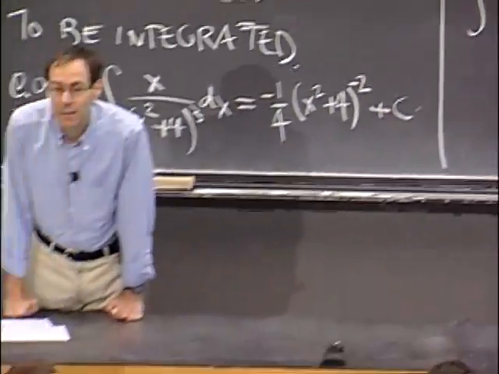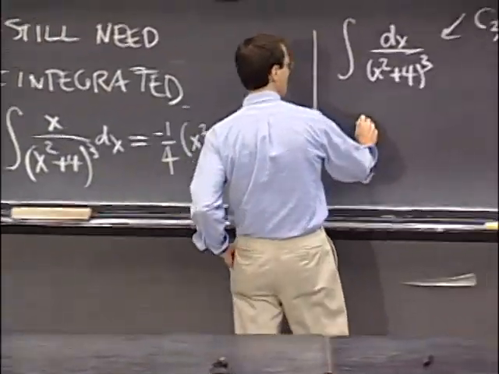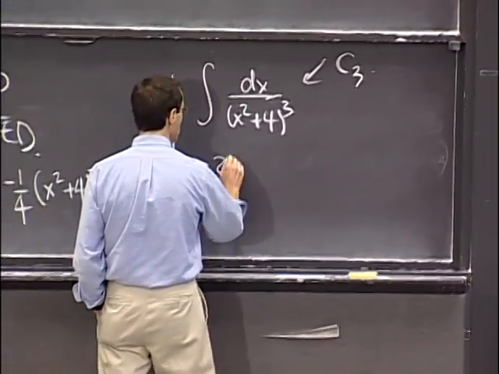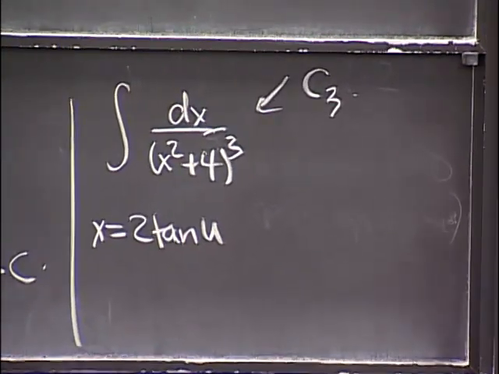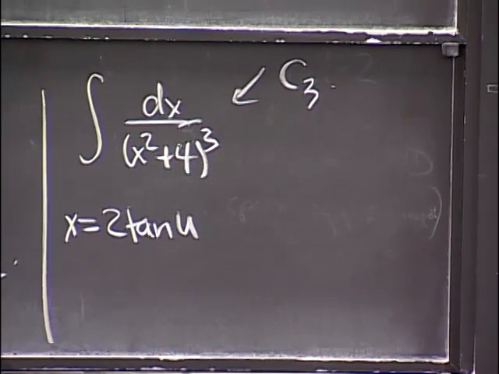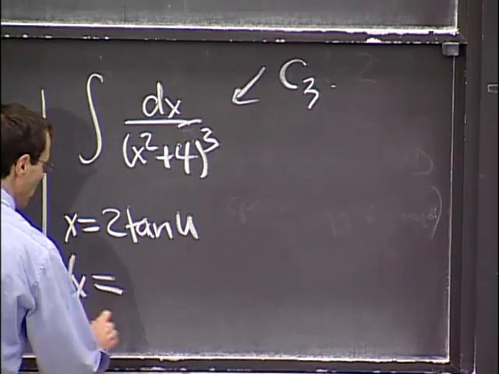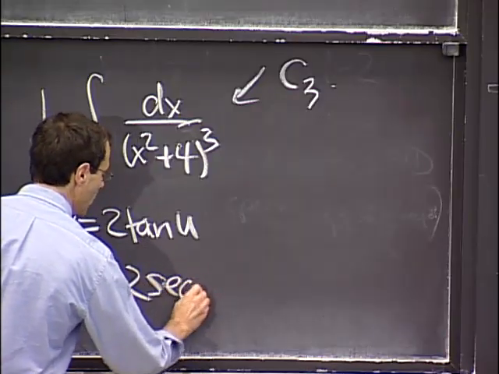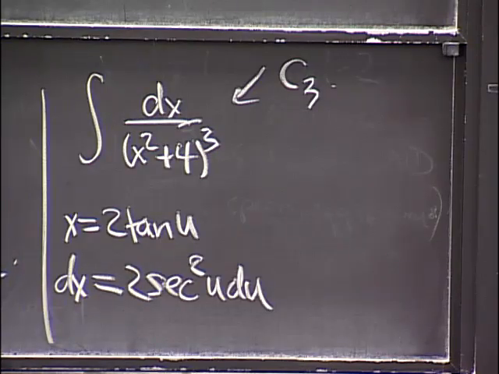Trig substitution. So the trig substitution here is x equals 2 tan u, or 2 tan theta. And when you do that, there are a couple of simplifications. Well, I wouldn't call this a simplification. This is just the differentiation formula. dx is 2 secant squared u du.